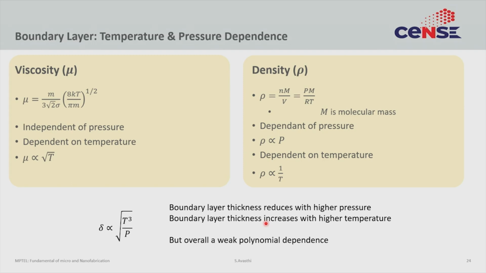Viscosity tends to increase with temperature for gases, and density tends to decrease with temperature for gases, partly because density is proportional to pressure, and at high temperatures the pressure tends to be lower. So, overall the boundary layer, which depends upon both mu and rho, has this formula where it is T to the power 3 halves dependent on temperature and inversely dependent on pressure.